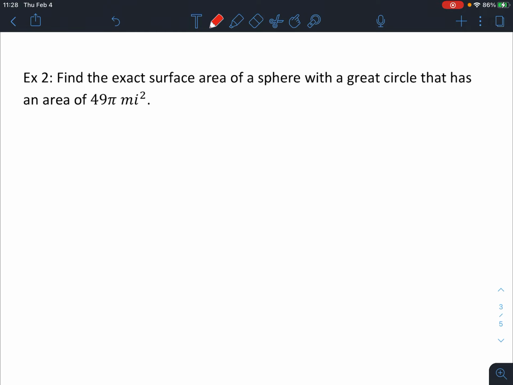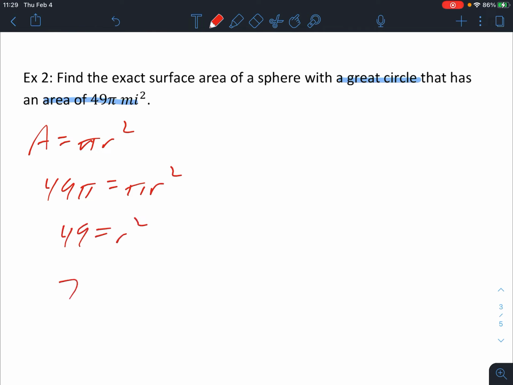Number 2, find the exact surface area of a sphere with a great circle that has an area of 49 pi. All right, so we have the great circle has area 49 pi. We know the area formula for a circle is pi r squared. So if the area is 49 pi, we could divide both sides by pi and take the square root, and that would give us our radius.